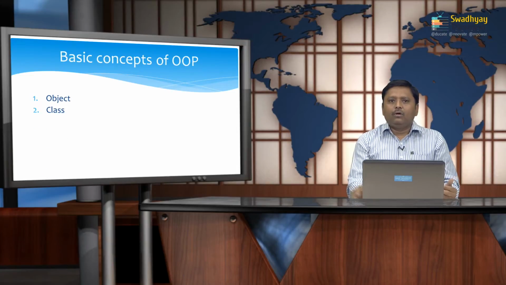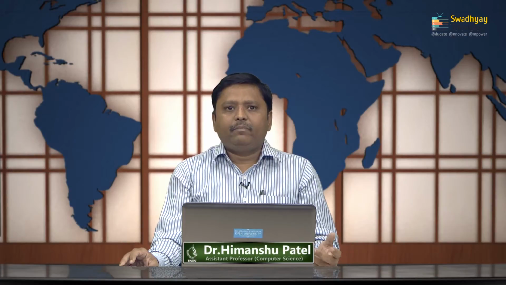Next is a class. So, we try to understand what a class is. We can say a class is a blueprint or prototype from which objects are created. A class models the state and behavior of a real world object. So, we can say a class actually defines how an object behaves.